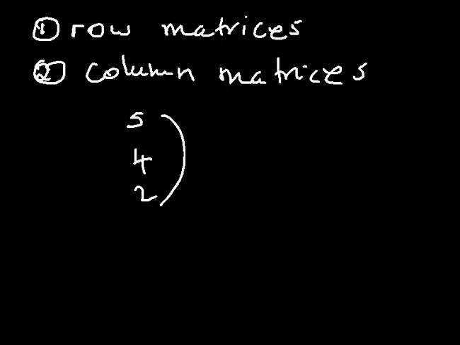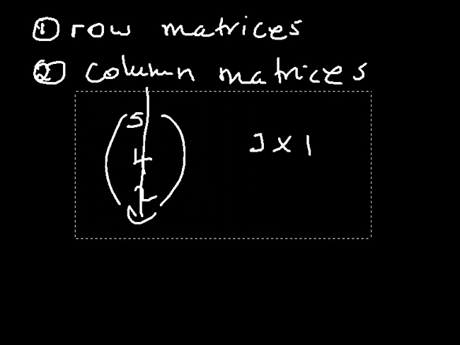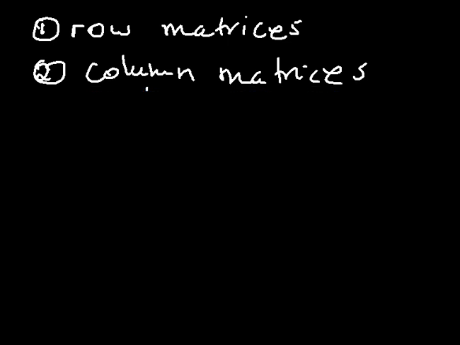This is a basic column matrix. That is, we have 3 by 1, because the number of columns is basically 1. That's how you should understand the column matrices.